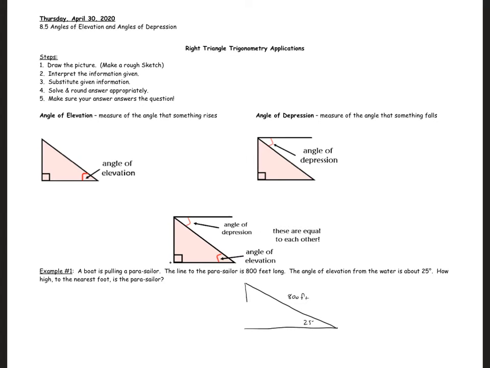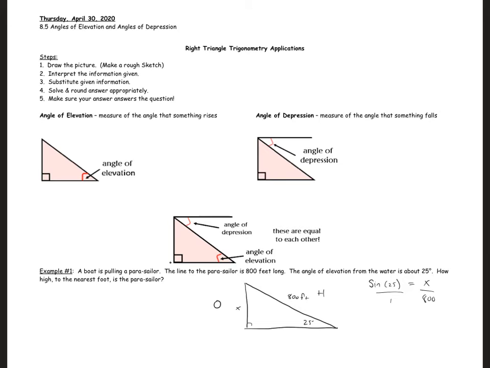They're asking how high in the air the parasailer is, so that's the height, x. If I look right here, I've got O and H for the 25 degrees. So the sine of 25 degrees is equal to x, the opposite side, over 800.